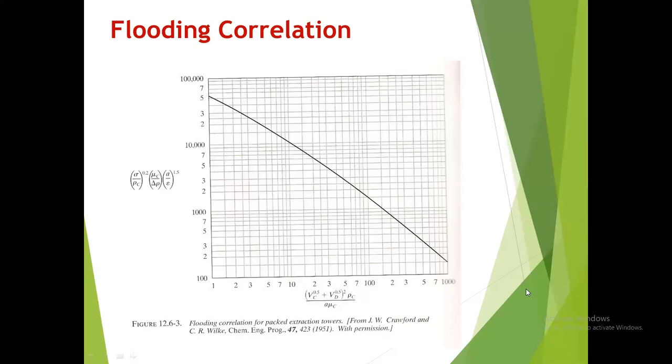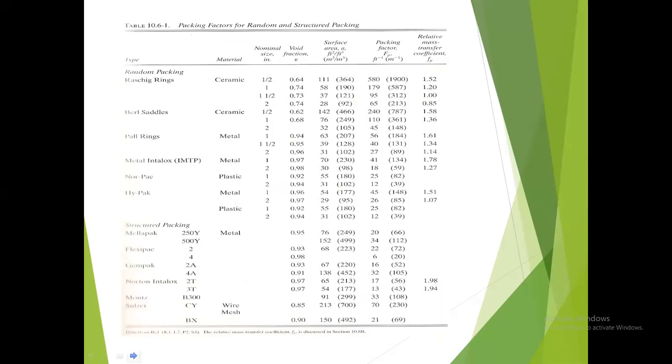For 1-inch pall rings, you have here the void fraction, which is 0.94. That's your epsilon. And your surface area per unit volume of packing material in English, because we're working on English units, is 63. So A is 63, epsilon is 0.94.